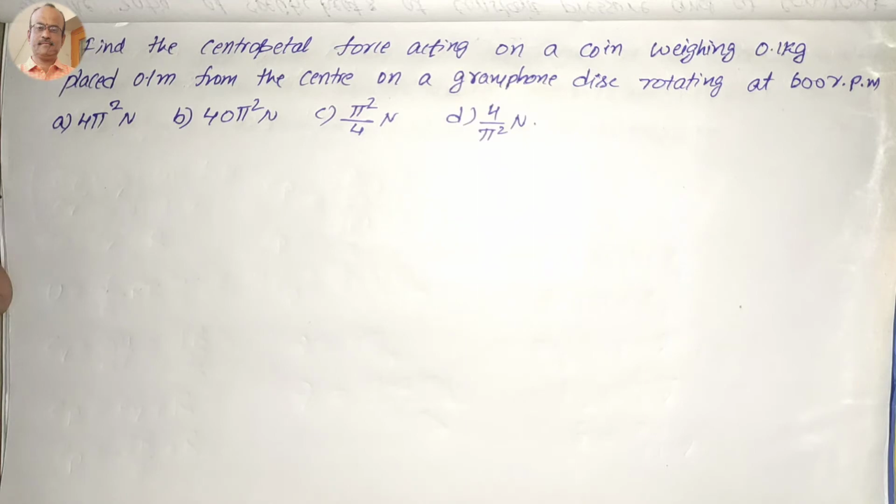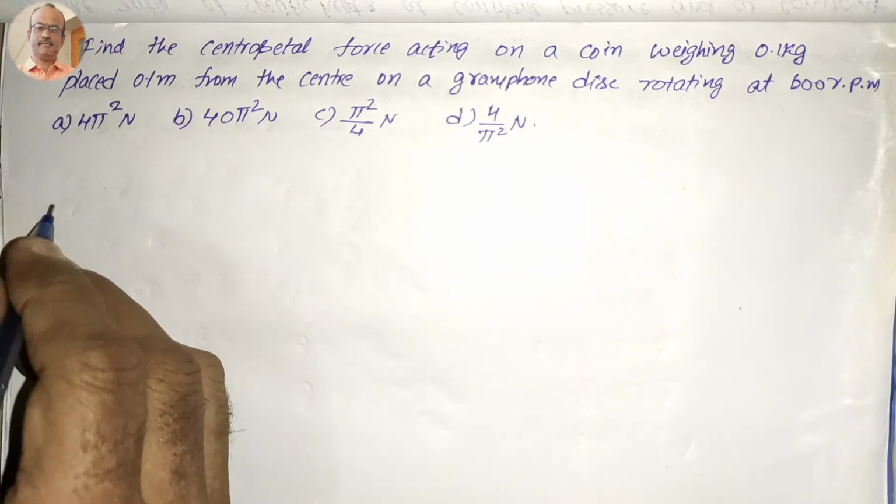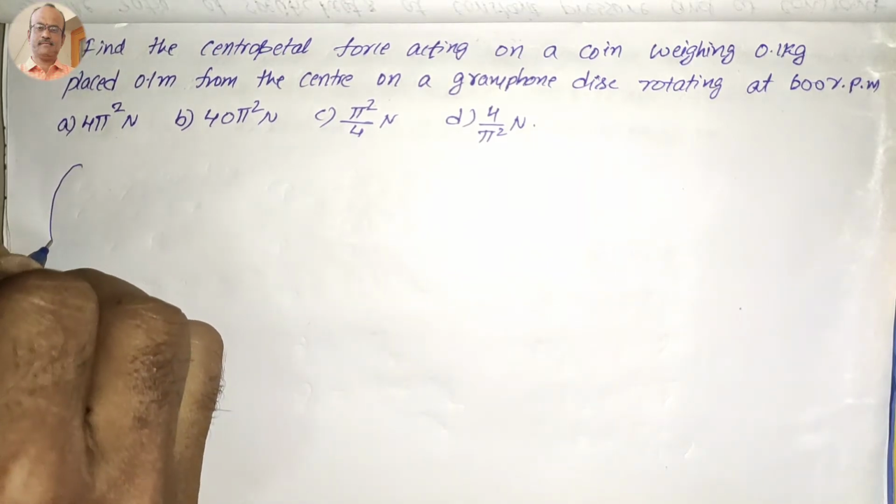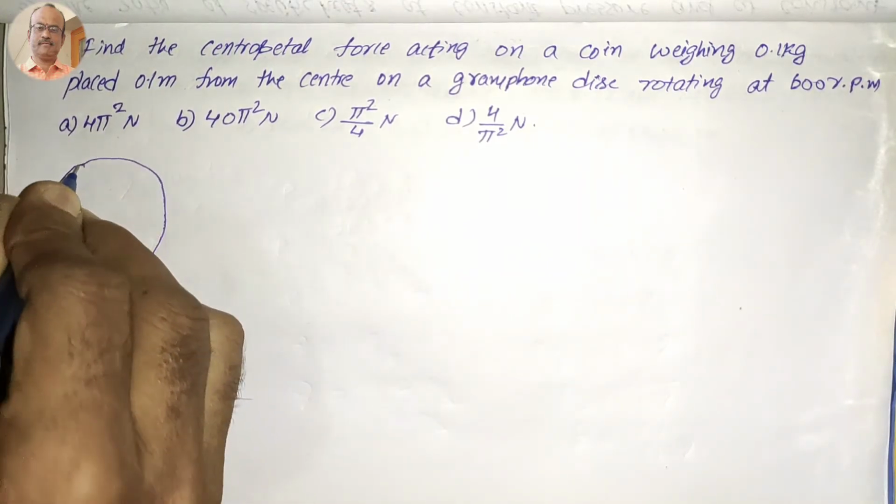Now question number 36. Find the centripetal force acting on a coin weighing 0.1 kg placed 0.1 meter from the center of a gramophone disc rotating at 600 rpm. That means rotations per minute. Let us consider the gramophone record.